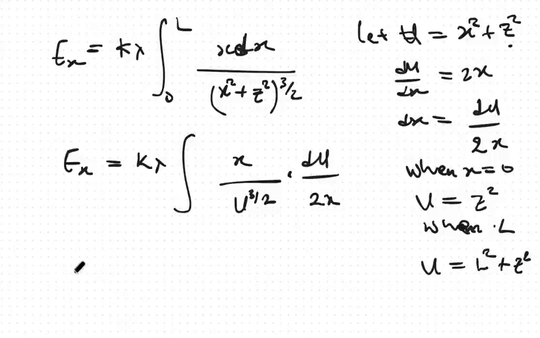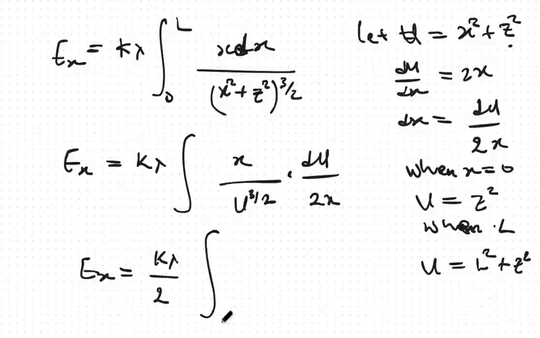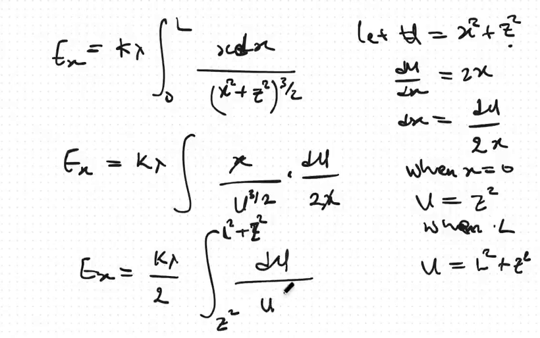So we have EX equal to k lambda divided by 2, the integral from z squared to L squared plus z squared, then here this will cancel, and we'll have du divided by u to the power 3 over 2.